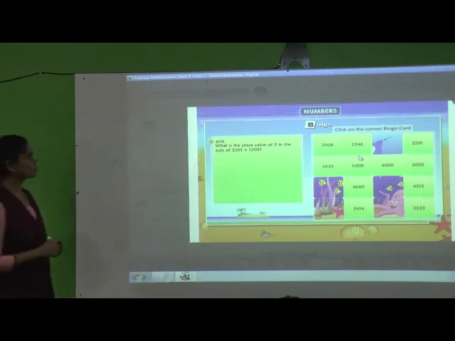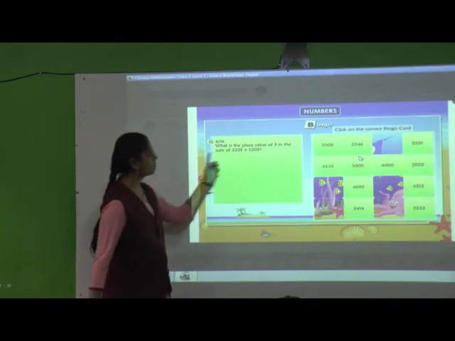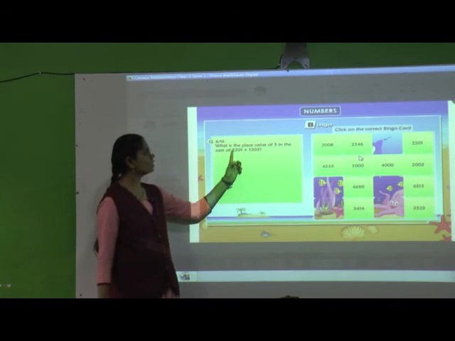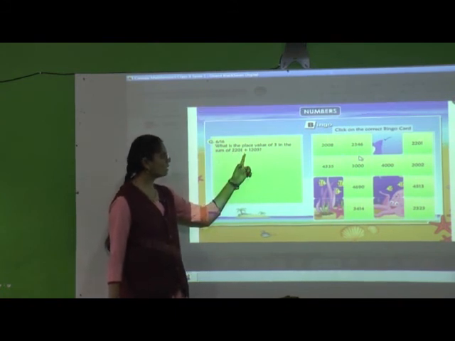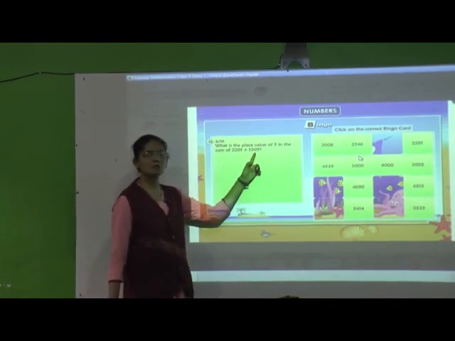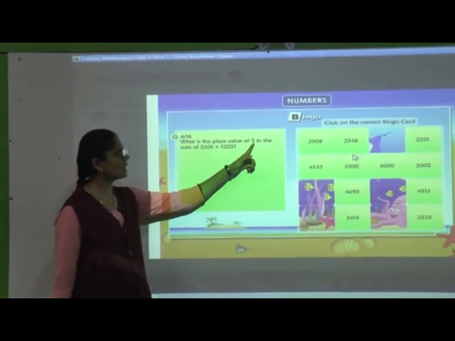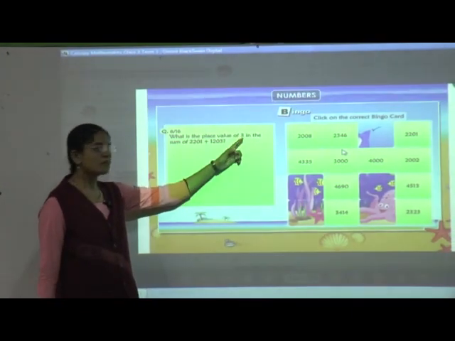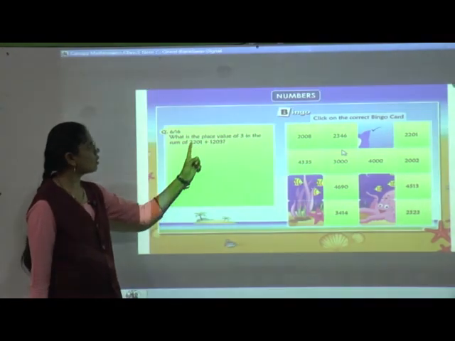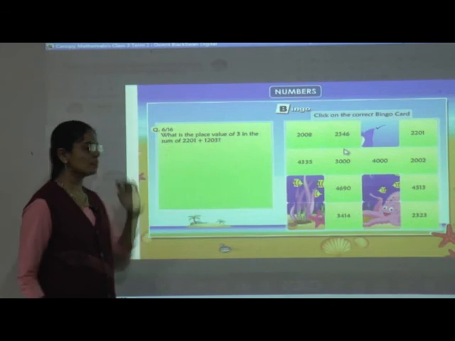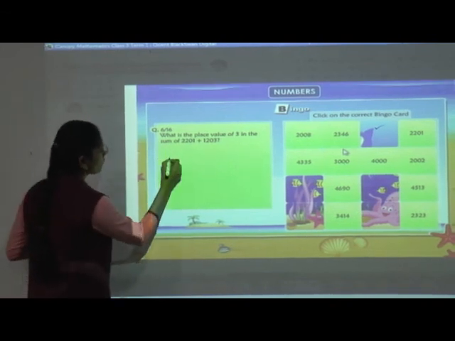I will read out the question. What is the place value of 3 in the sum of 2201 plus 1203? What is the question? We have to find out the place value of 3, in the sum of 2201 plus 1203. So for that, first what will we do?